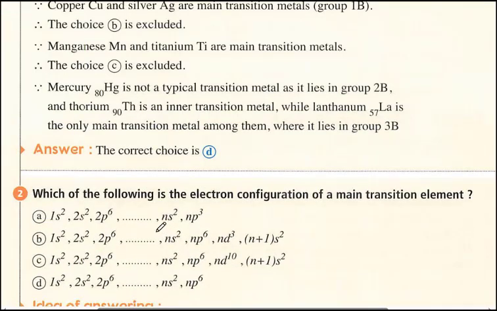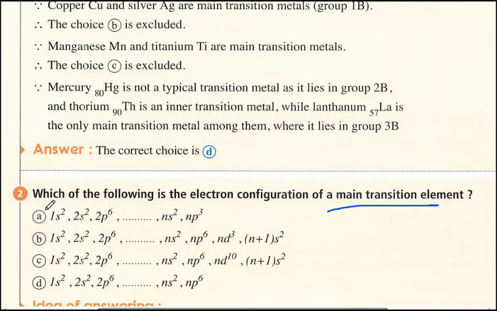Here another question. Okay, which of the following electronic configurations is of a main transition element? We have to know that a main transition element means we have the d sublevel. Look, the question here asks which of the following electron configurations is of a main transition element. He asked about the elemental state. It is not the oxidation state. So we have to see the d sublevel, occupied but not completely filled.